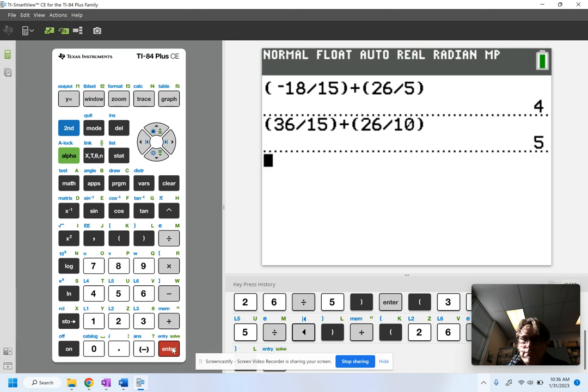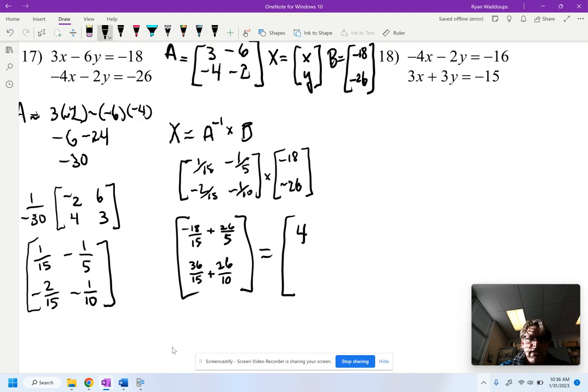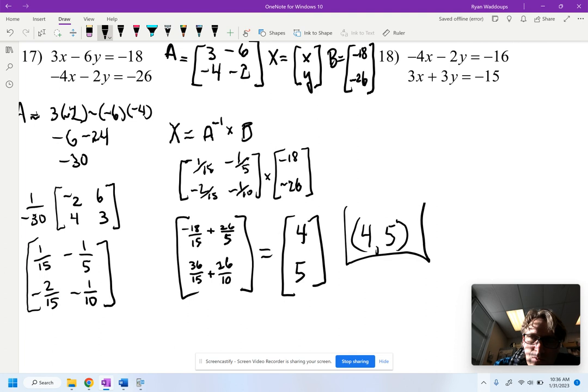And this gives us 5. Nice. So we put 5 here. And that means that our solution here is the ordered pair 4, 5. X is 4, Y is 5.